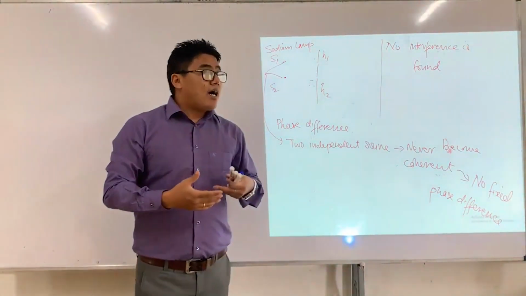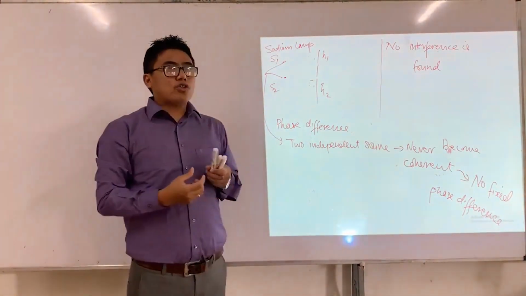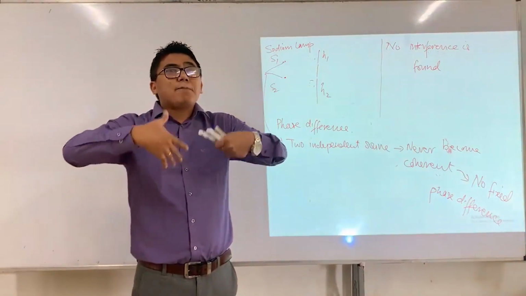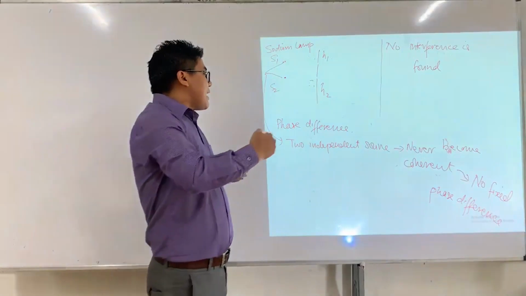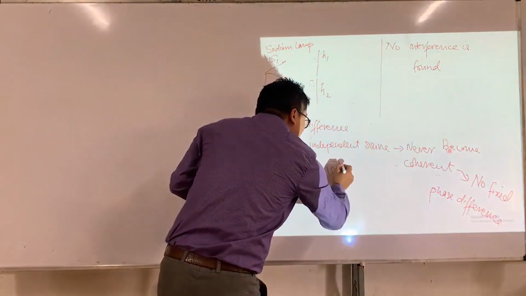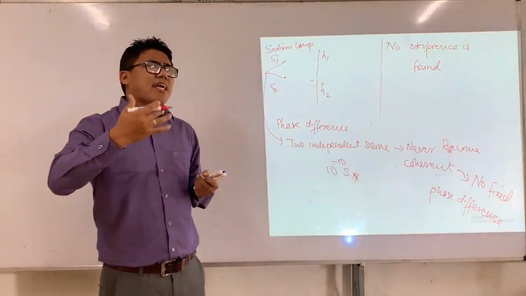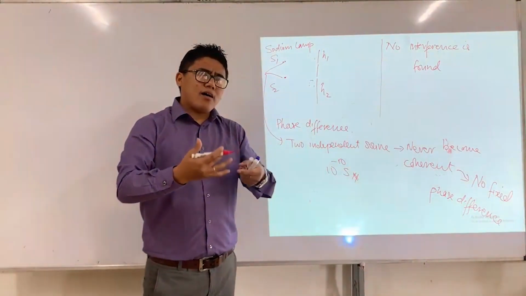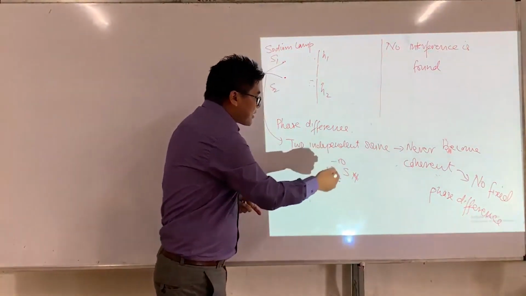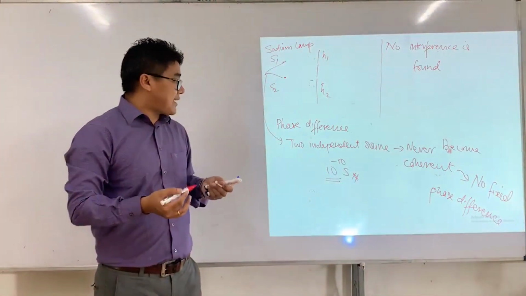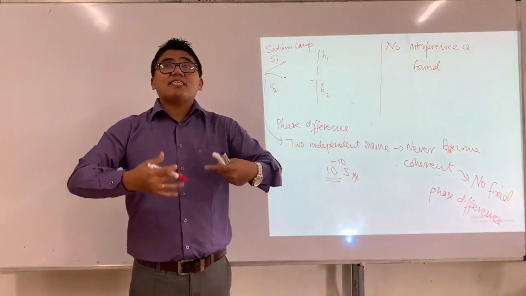Whenever light comes from a source, there is an abrupt change in phase, on the order of 10 to the power minus 10 seconds. That change is extremely difficult to observe, so it is beyond our observations. However, the change is taking place.